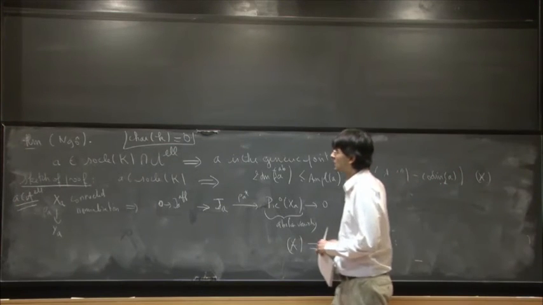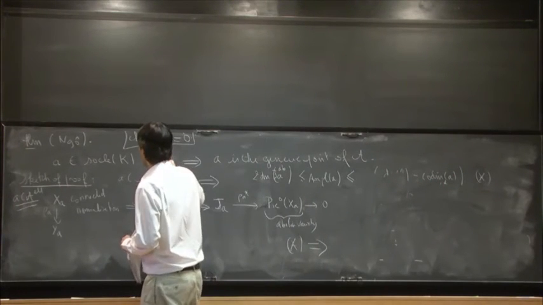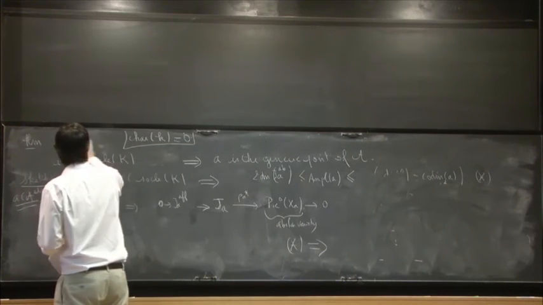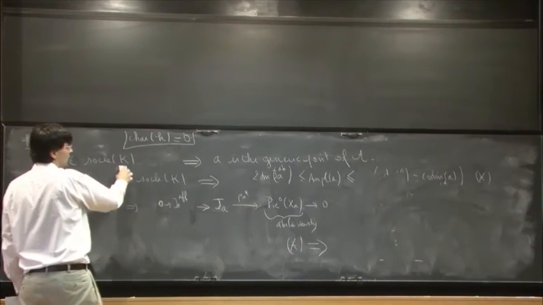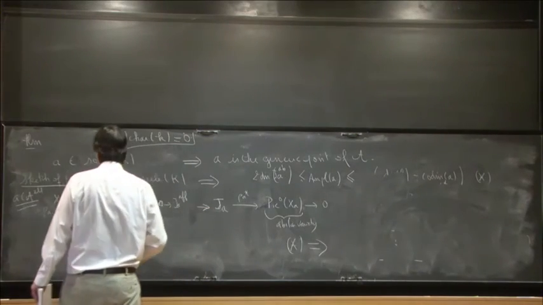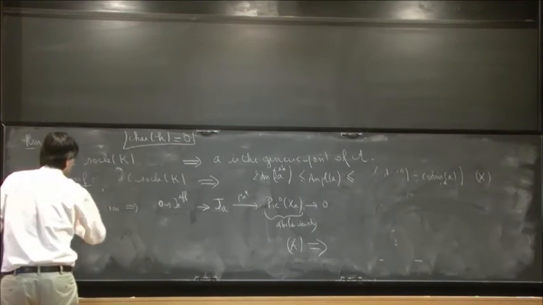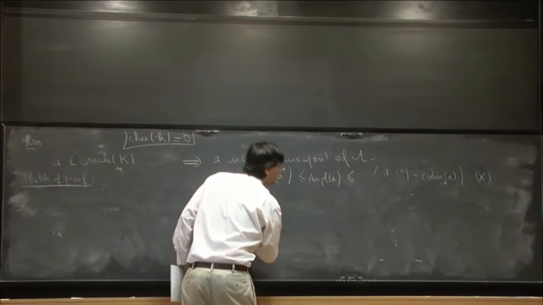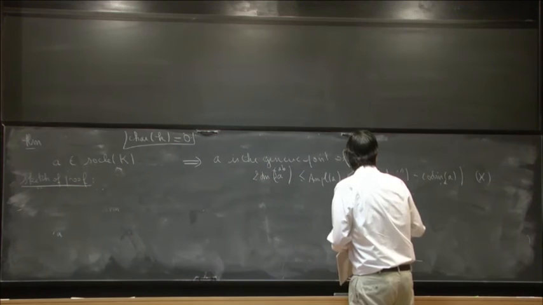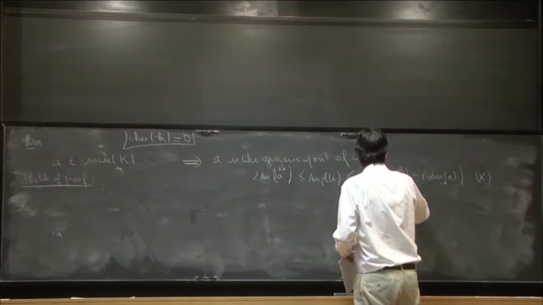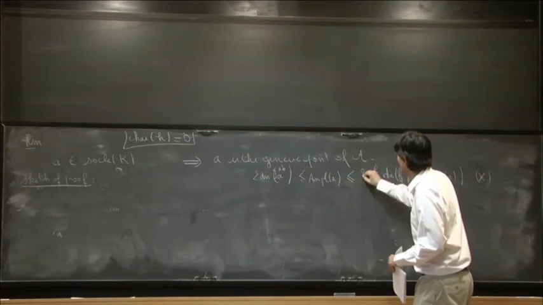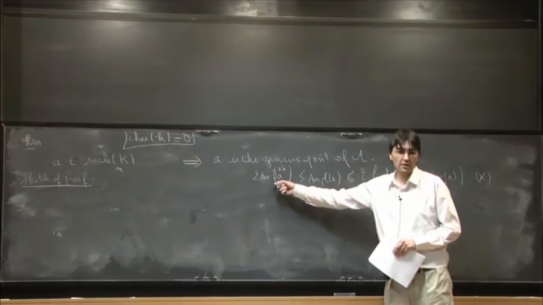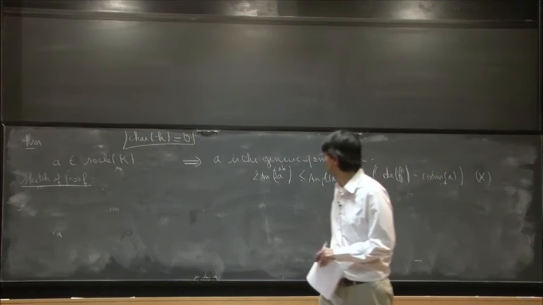So we will play the same game as before. We have to show that if A is in the support, then A is a generic point of A. So we have this general inequality. And once again, we have to compute the dimension of the abelian part of JA.